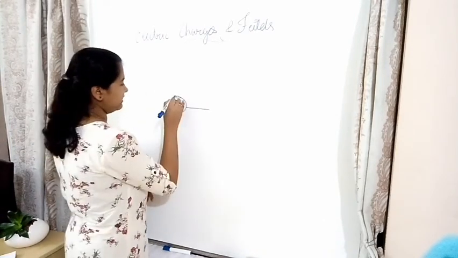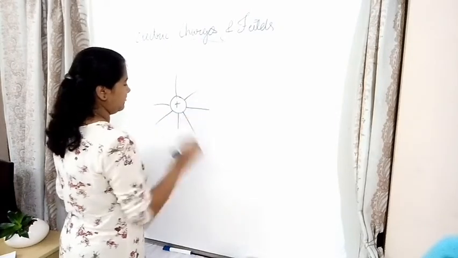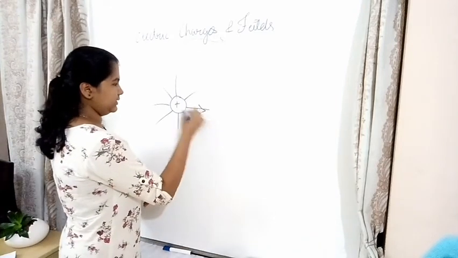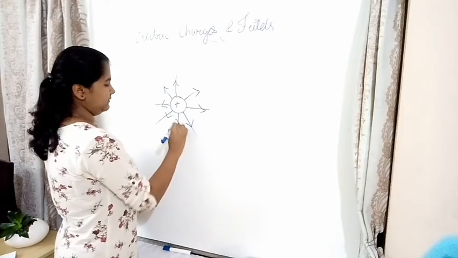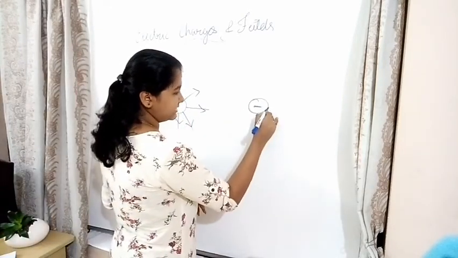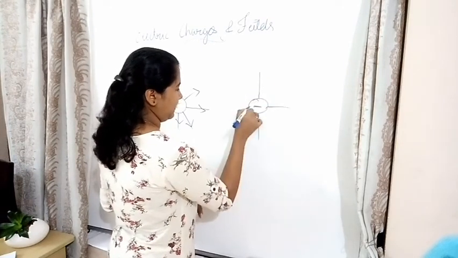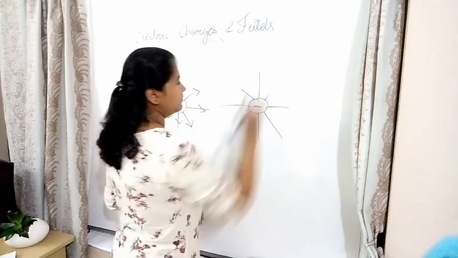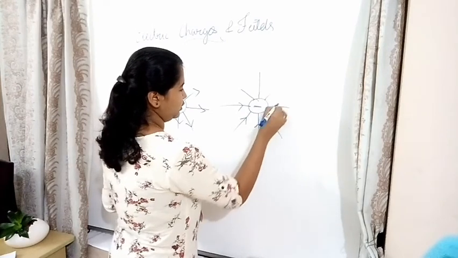The field lines are outwards. That is, field lines start from positive. Whereas if the charge or the test charge is negative, what happens? The field lines are inwards, towards the charge.